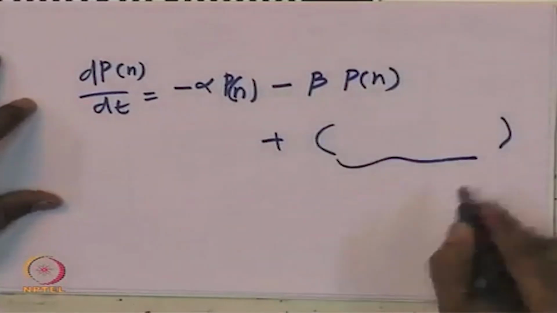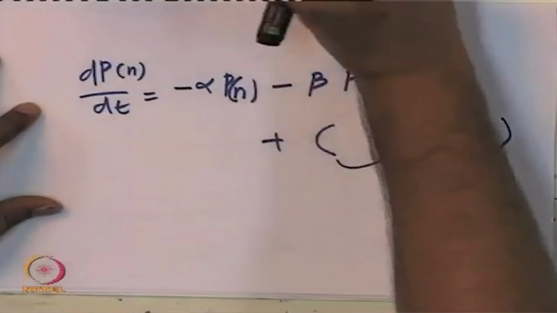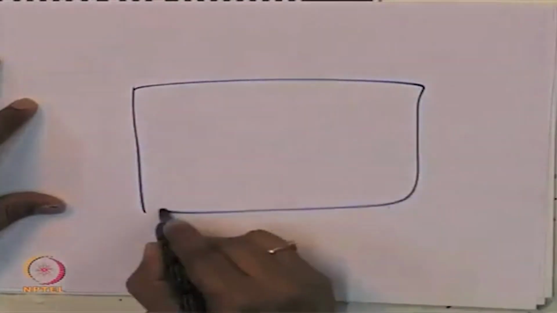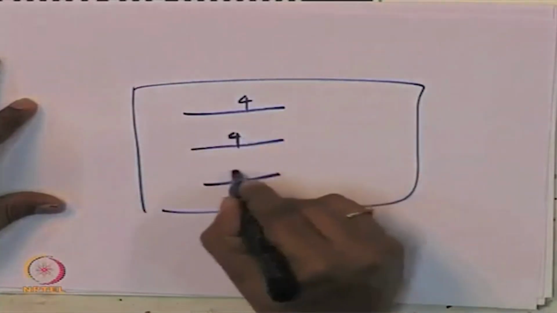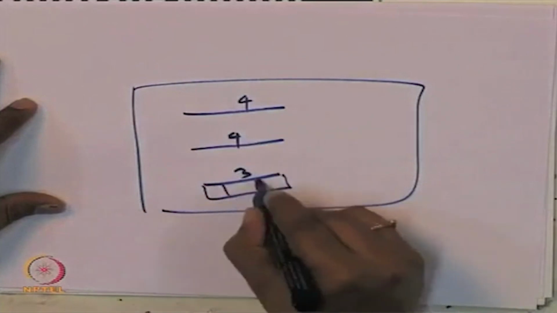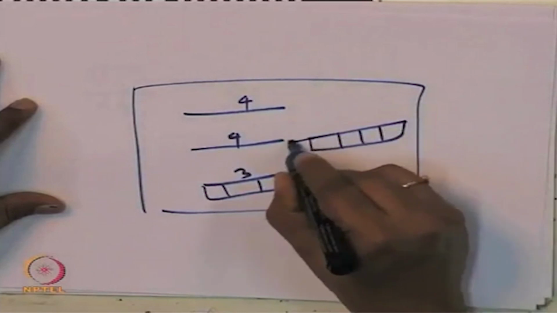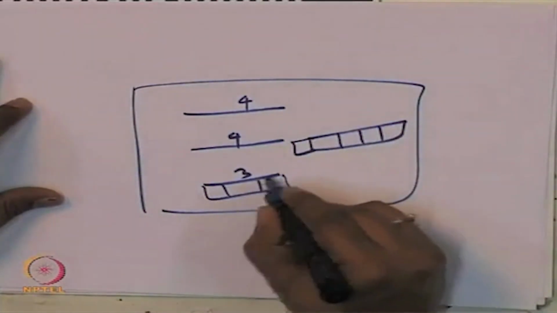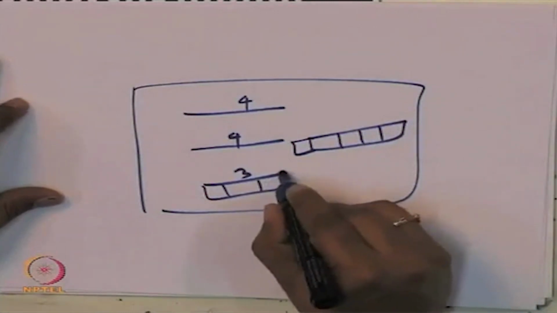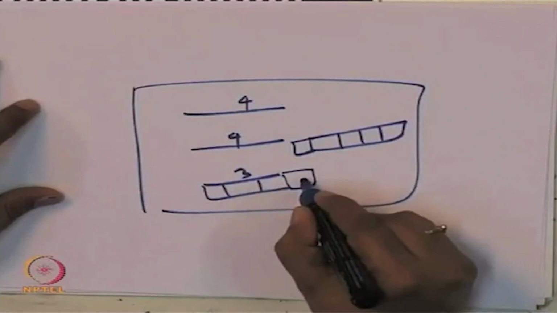So what is this? Now imagine you have a case where this has 4 monomers, this has 4 monomers, this has 3 monomers, this has 5 monomers. If a polymerization happens on a 3 monomer filament, this will become a 4 monomer filament.